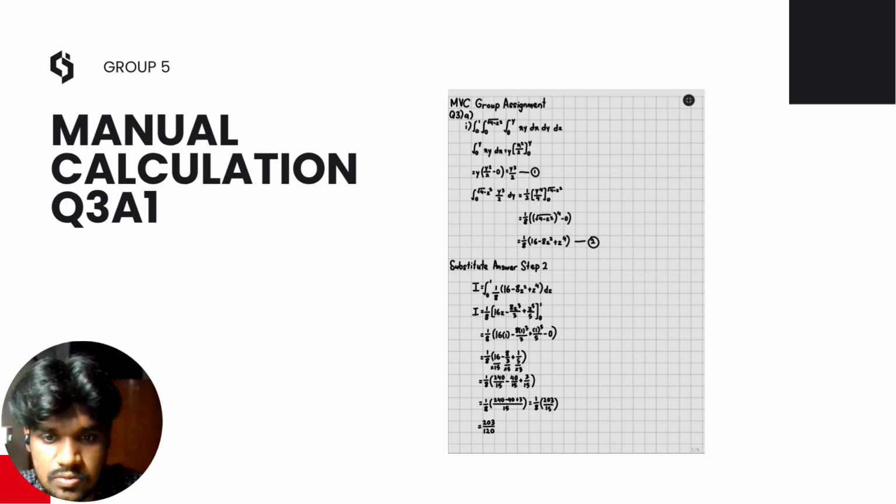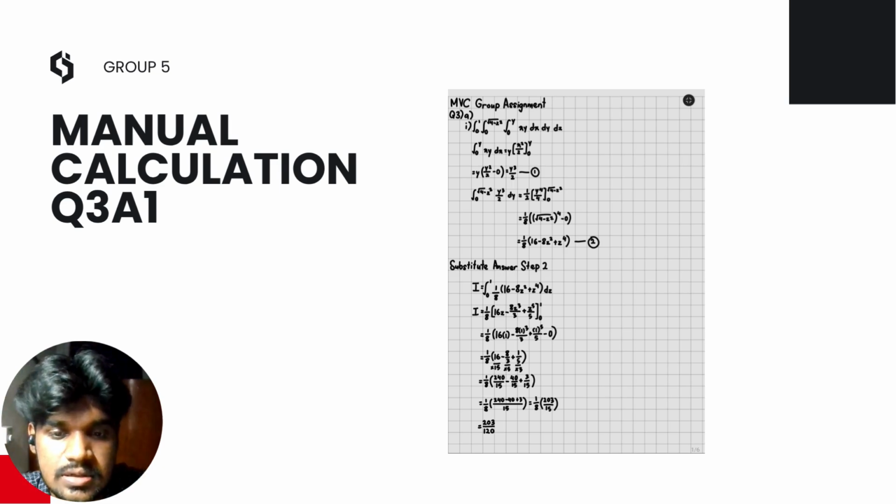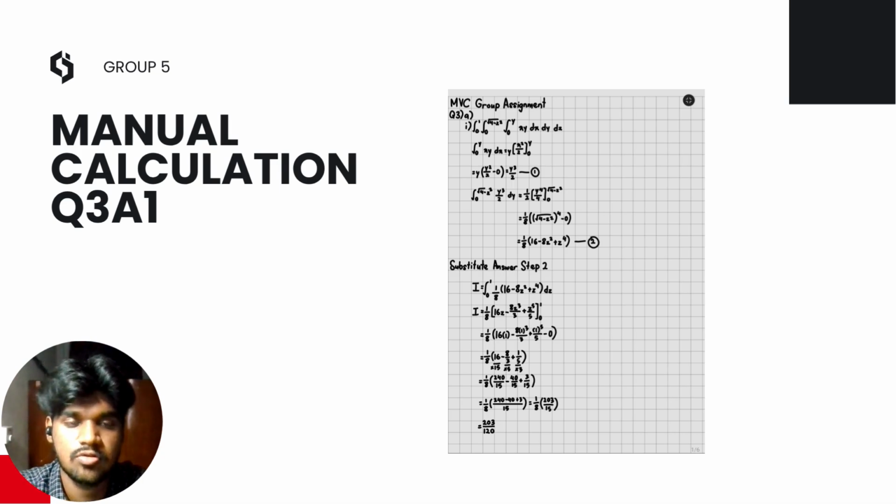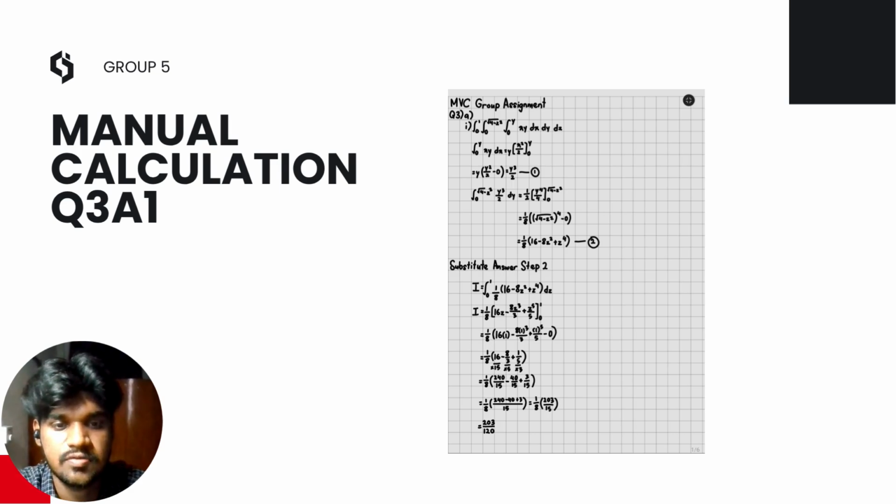The answer will be 1 over 8 times the bracket 16 minus 8z squared plus z to the power 4. Finally, we integrate with respect to z from 0 to 1. This is the final answer for question 3a1. The answer will be 203 over 120.